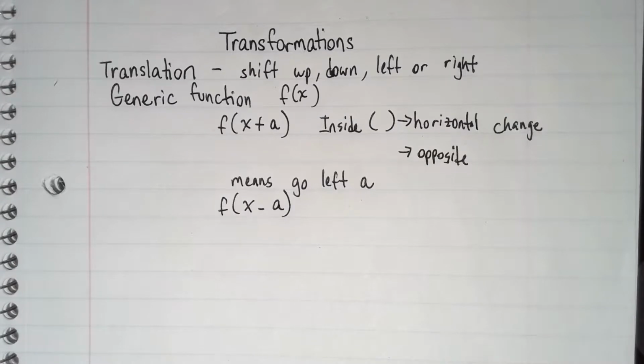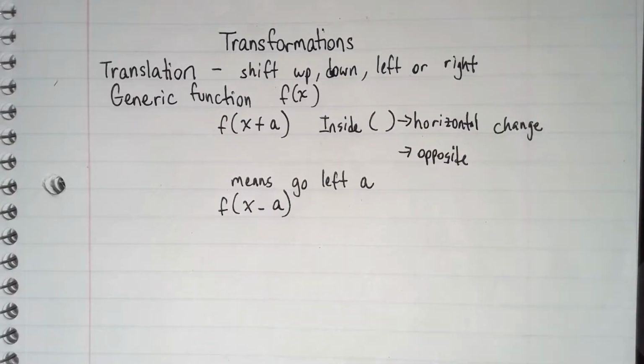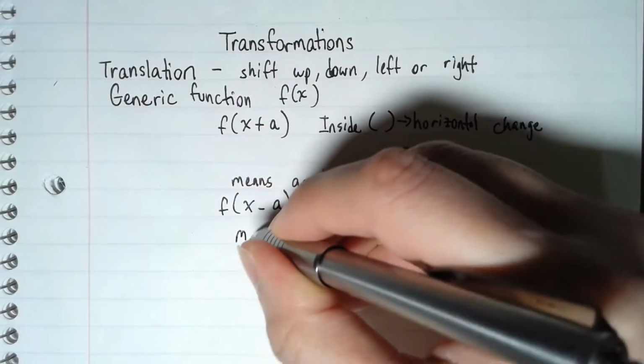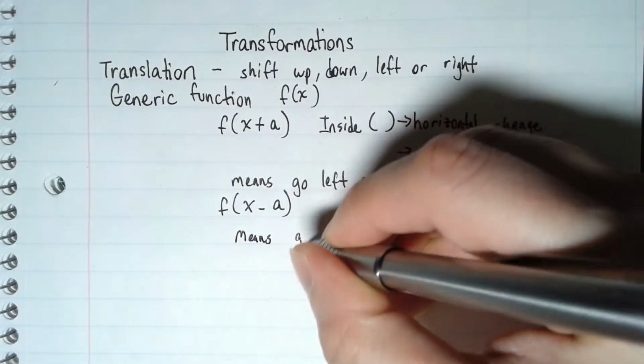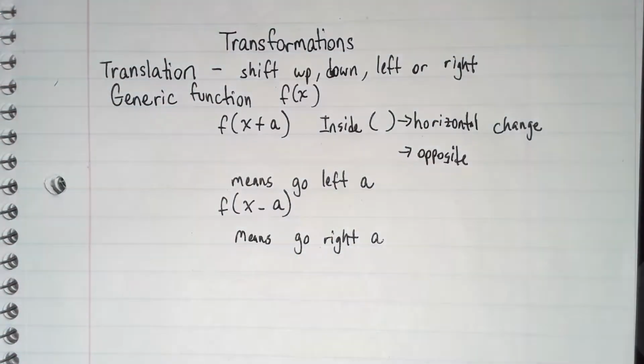When you see a minus sign, you're thinking on a number line, the negatives are to the left. However, you have to think of the opposite. Instead of going left, it actually means go right A, whatever A is. And A can be a fraction, a whole number, a decimal, it does not matter.